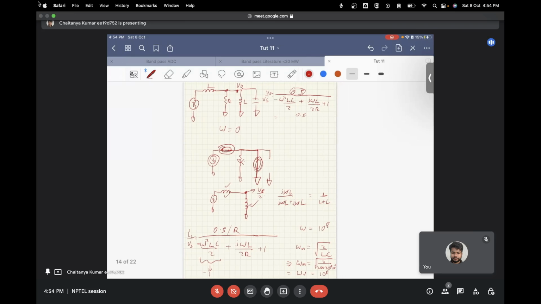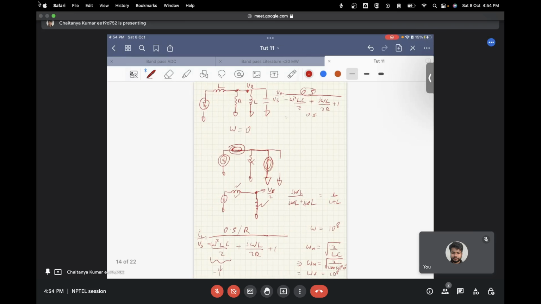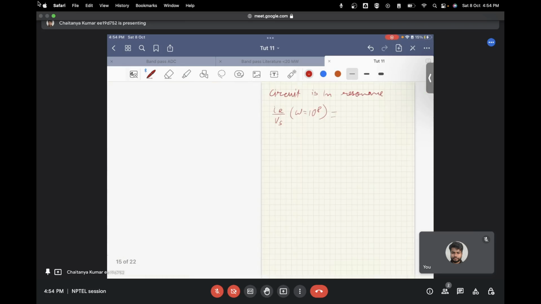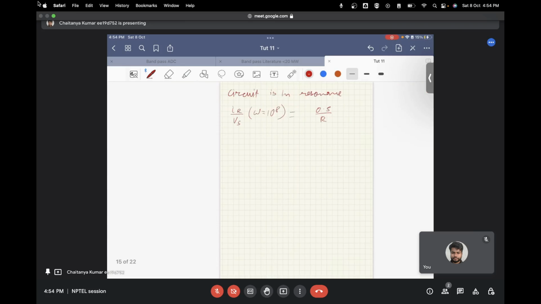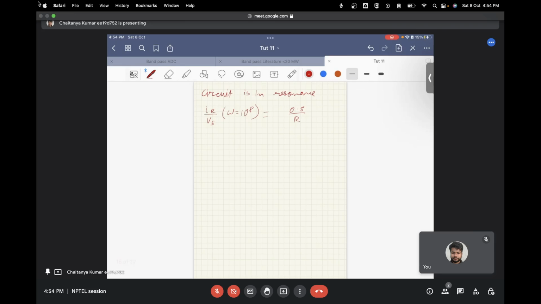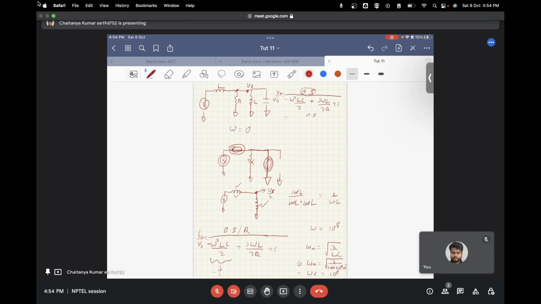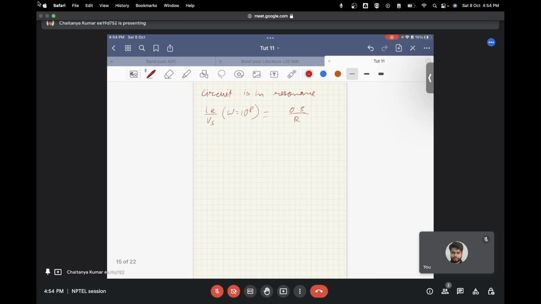So ultimately you have the following thing: 0.5 by R times j omega L by R. So this is 0.5 upon j omega L, which is the final value of current that flows inside this system.